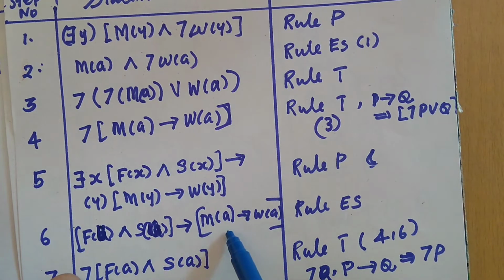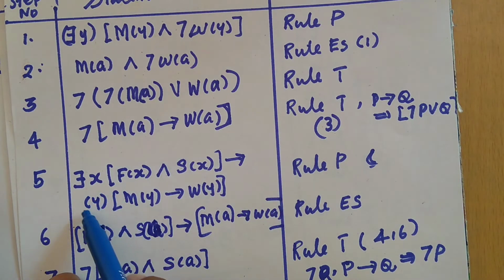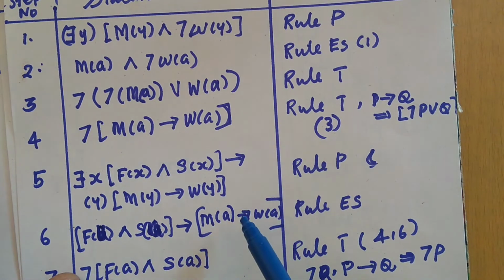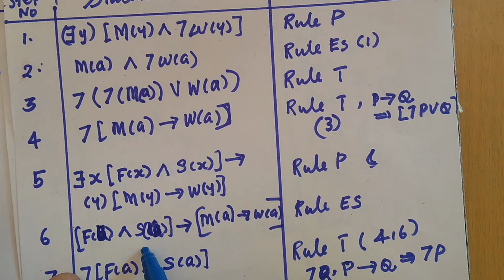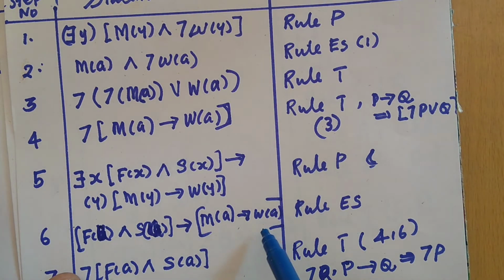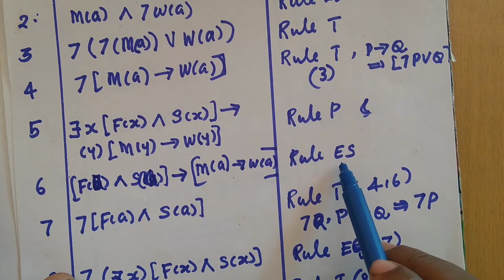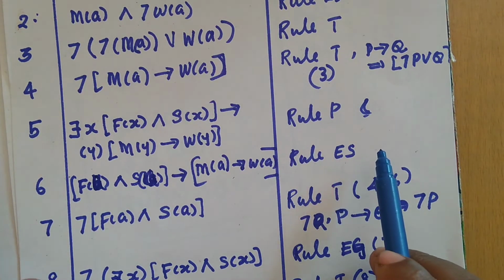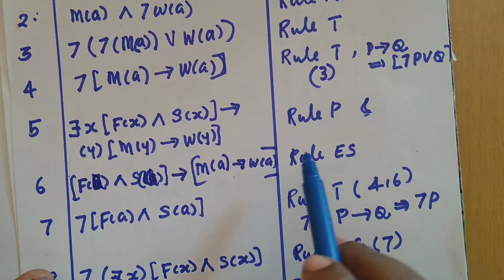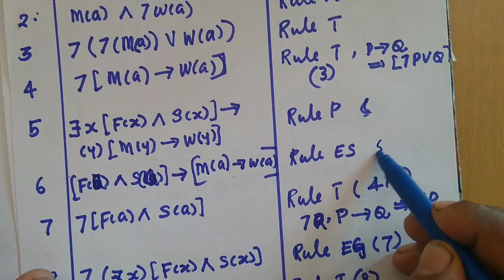So we can put a, that is M of a implies W of a. For all y means we can put the same value here. So that is F of a and S of a implies M of a implies W of a. That is by the formula rule ES, existential specification. Now this is derived from 5, so we can put 5.